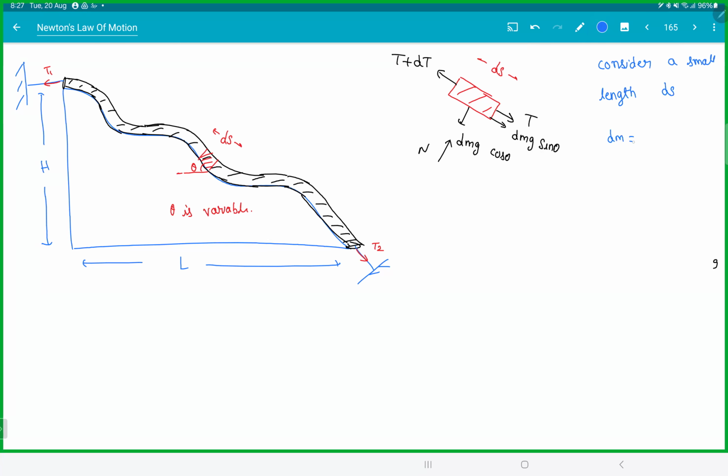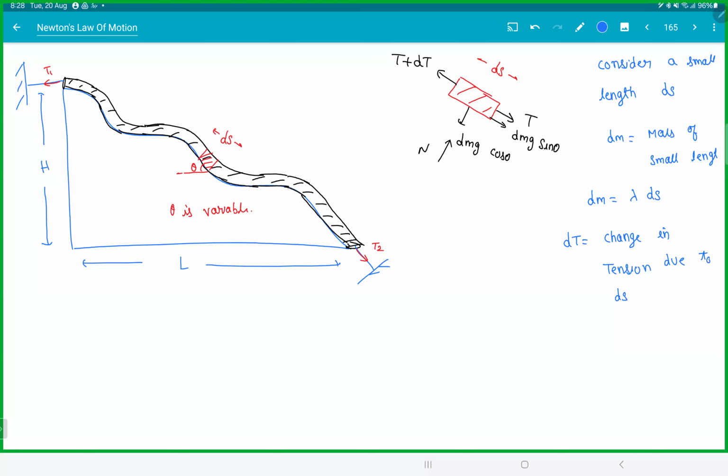dm is the mass of that small piece. How much is that? dm will be lambda into ds. Lambda is mass per unit length, into length. And here dT is the small change in tension. Because of that small mass, there will be a little tension. Tension will increase by a small amount. This is the change in tension due to ds.